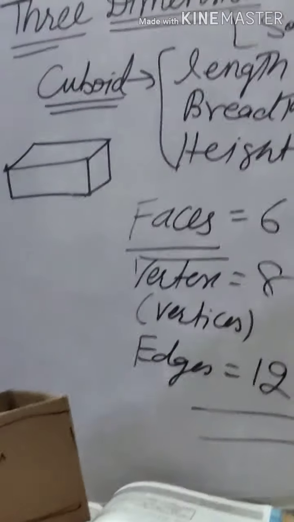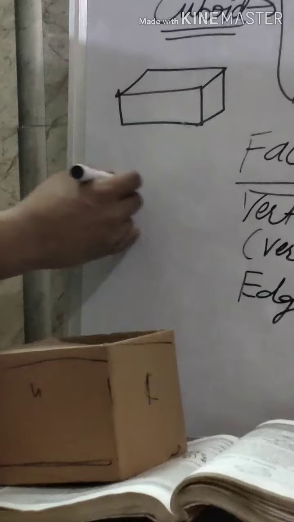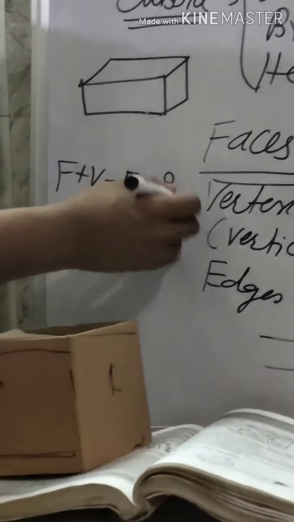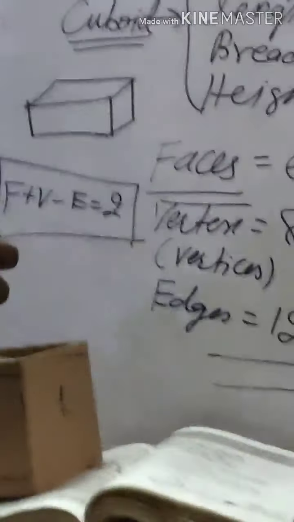Sometimes, as you know very well, in our classes you have learned Euler's formula: faces plus vertices minus edges is equal to 2. You can verify it with faces, vertices and edges.